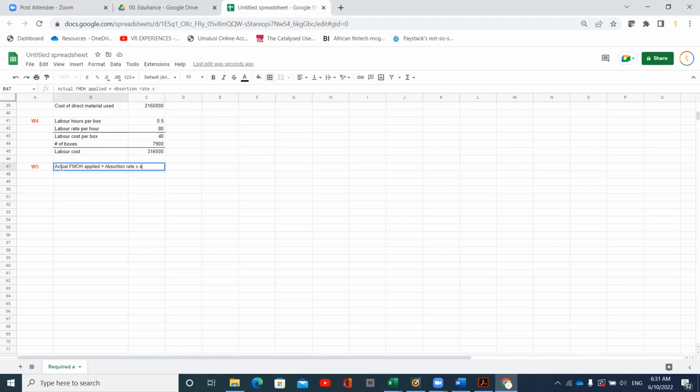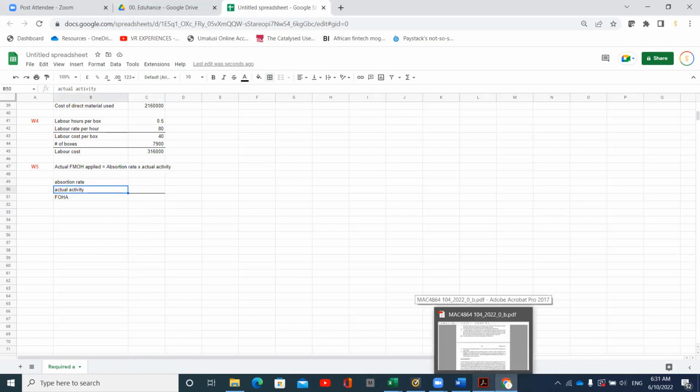So we need absorption rate, we need actual activity, and then that will give us fixed overheads applied. Okay, very important. So what is applied is based on actual activity, using the absorption rate, but using actual activity.